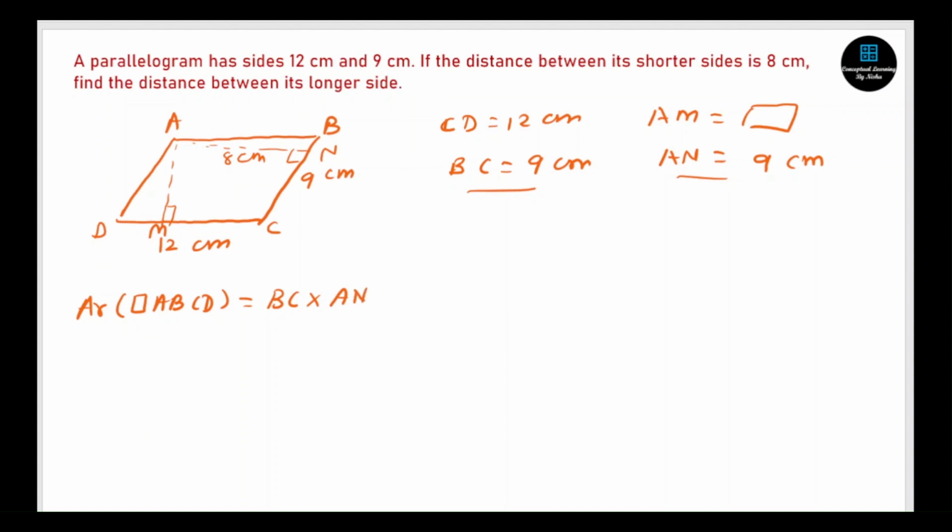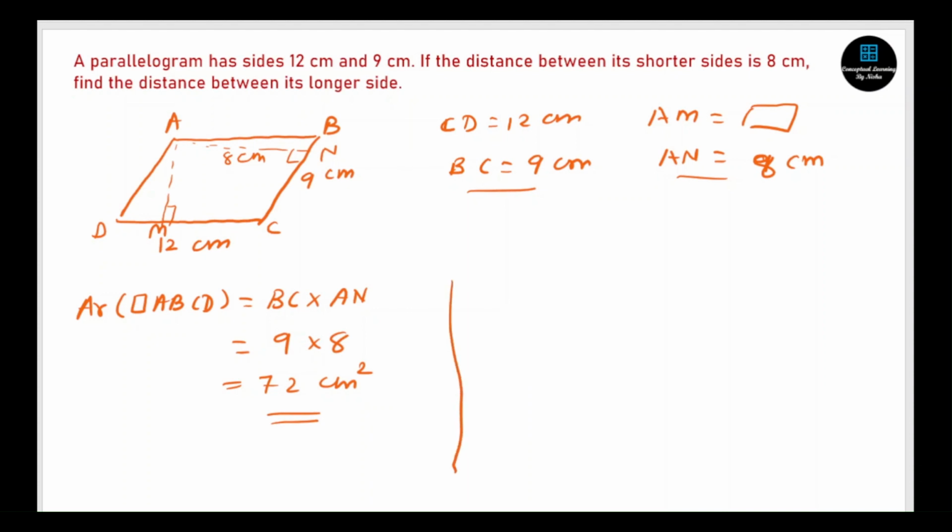Base is 9, height is also 9. Sorry, this is 8. I'm sorry. So 9 times 8 is 72 centimeter square. Another common mistake: students don't write the unit properly, so make sure you write it properly.